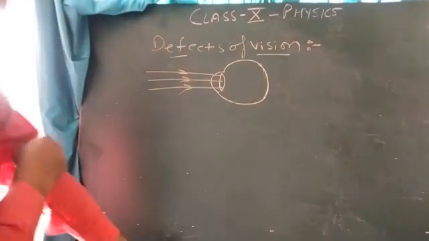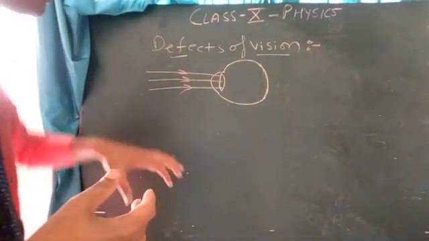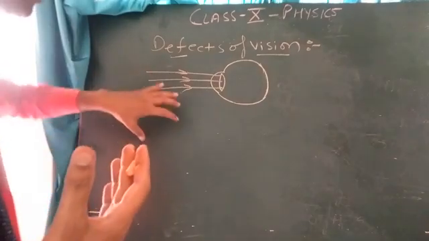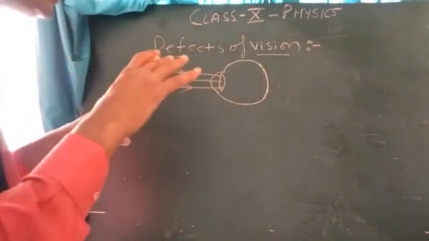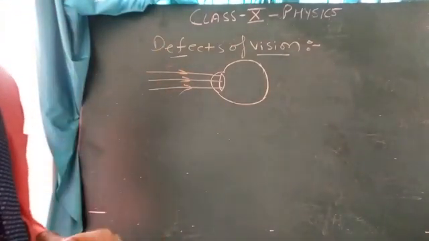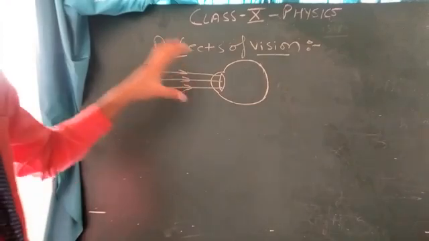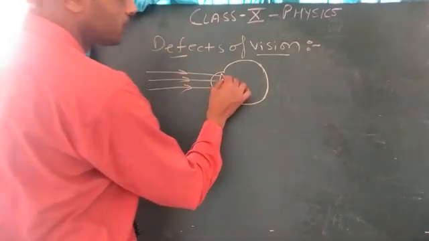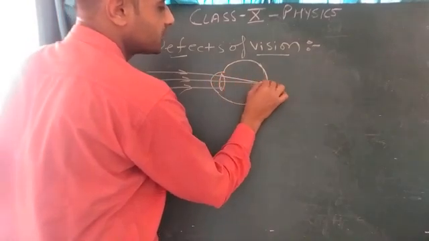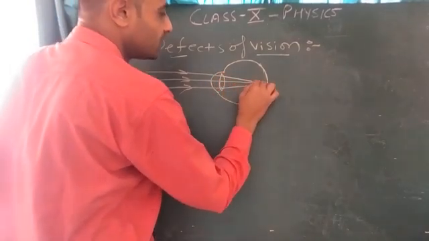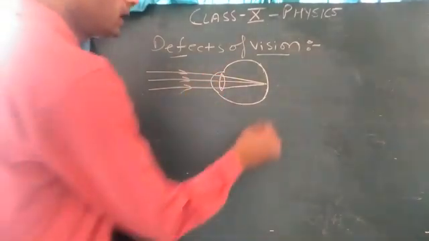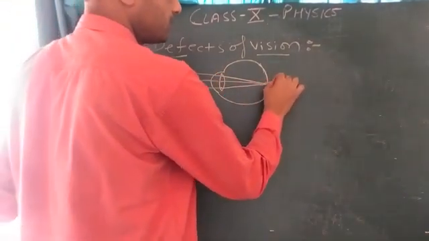Infinity means your object is situated at 2 meters, 3 meters, 5 meters, 6 meters. All these points are infinity. It means the rays of light are incident on the eye lens parallel to each other. And for a normal eye lens, these rays of light get refracted by the eye lens and are focused on the retina.